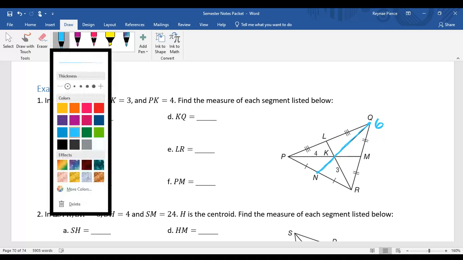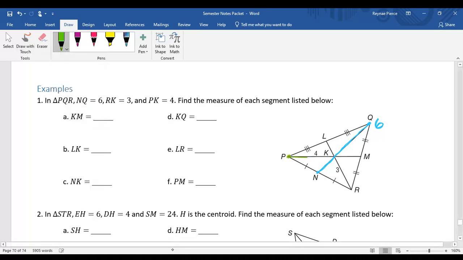The first thing I like to do, let's look here. We know that from P to K is 4. That's from vertex to centroid.